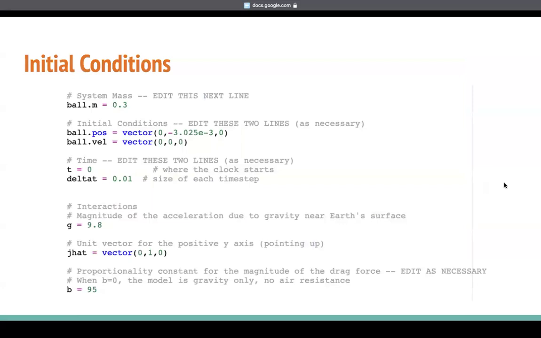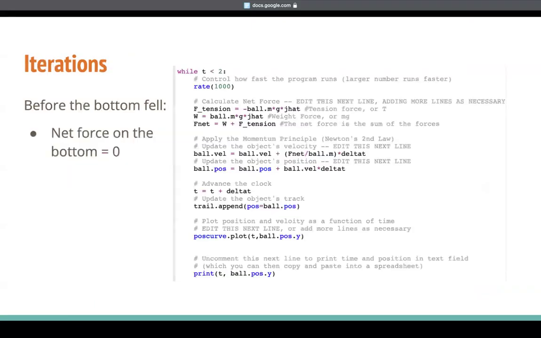As I was creating the GlowScript model, we have the initial conditions right here, where we found the mass of the ball. We found the position relative to the height of the dude, as well as the velocity, which starts at zero. And then there is the change in time, the gravity constant, and there's also the proportionality constant for drag force, calculated with trial and error.